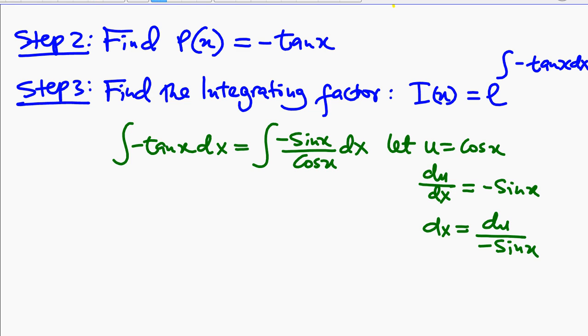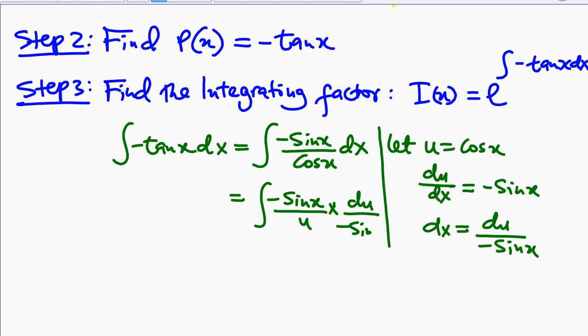And then we can substitute this into this. So we'll end up with the integral of negative sine x over u multiplied by du over negative sine x. All right, these guys here will cancel.